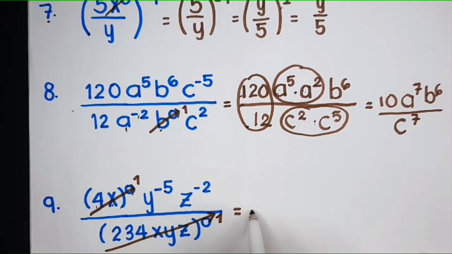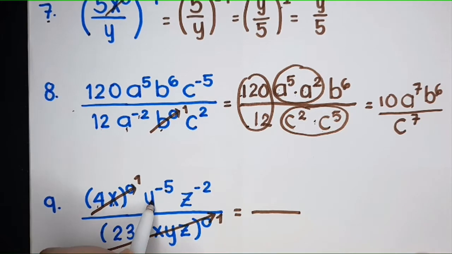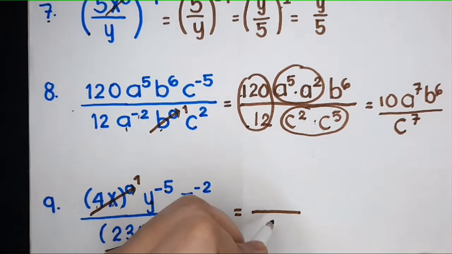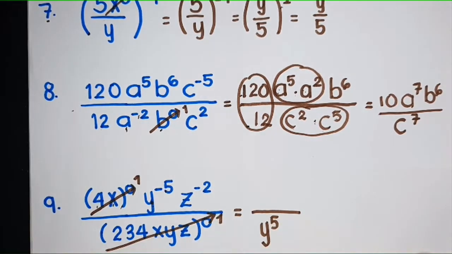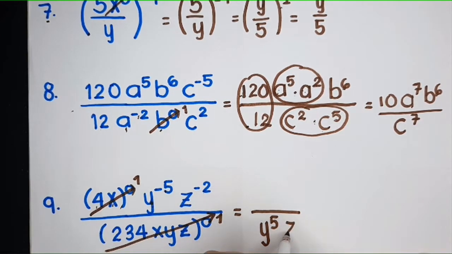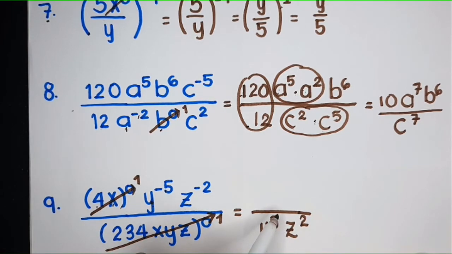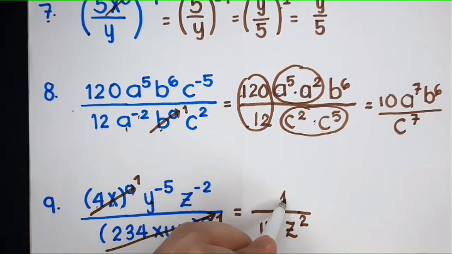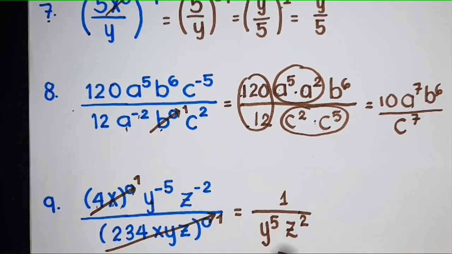So, ang gagawin nyo lang, kung sa numerator nyo nakita yung may negative exponent, ilalagay nyo lang siya sa ilalim, and then positive na yung exponent niya. Okay? Si z, negative yung exponent sa numerator. Ito numerator. Ilagay nyo lang siya dito sa denominator, and then the exponent will become positive 2. So, wala nang naiwan sa numerator. So, what are we going to write here? It is 1. This is the simplified form of the given expression.